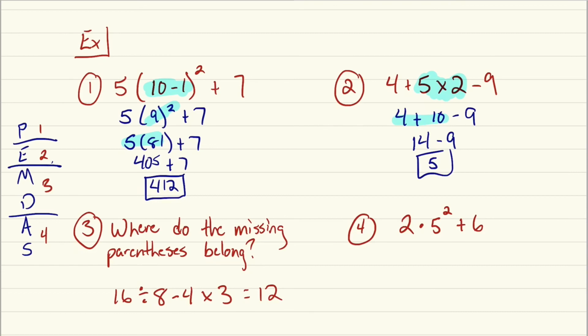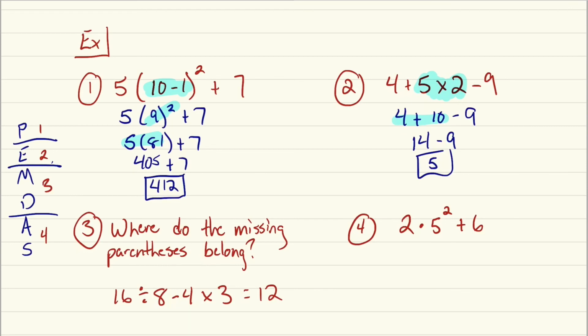So, parentheses wise, the parentheses could either be around the first 2 numbers, it could be around the middle 2 numbers here, or it could be around the last 2 numbers. All right, so we know that we have 3 options there to put parentheses.